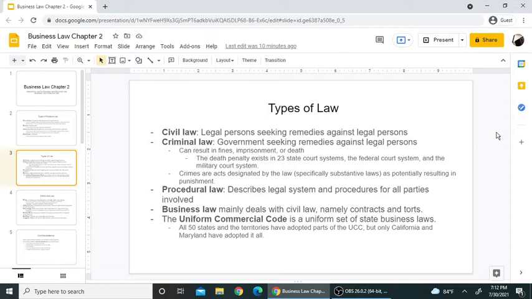Death penalty exists in 23 state court systems so far. It also exists in the federal court system and the military court system.